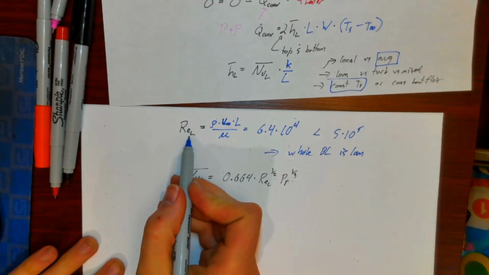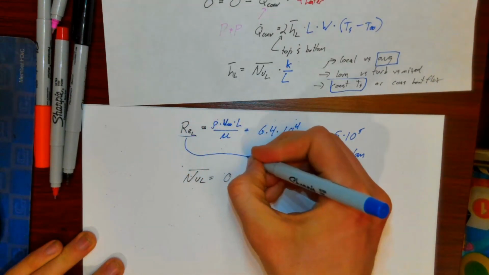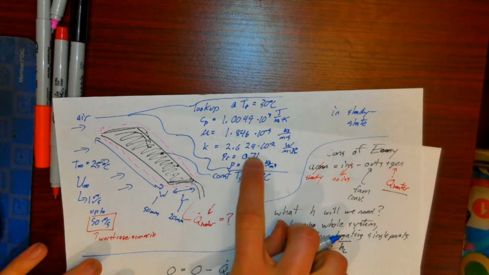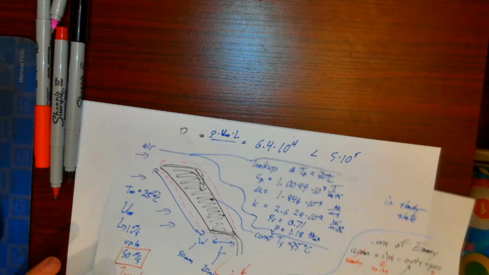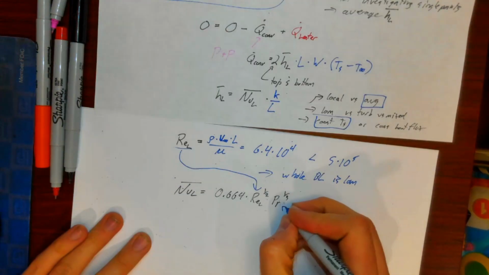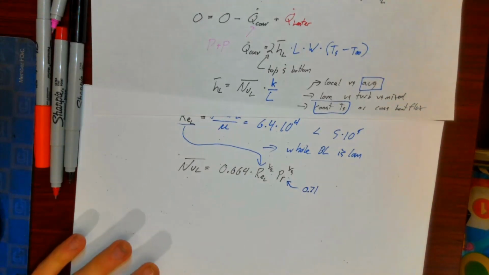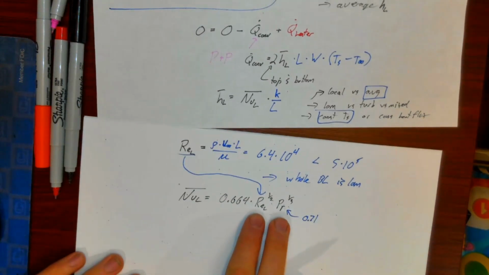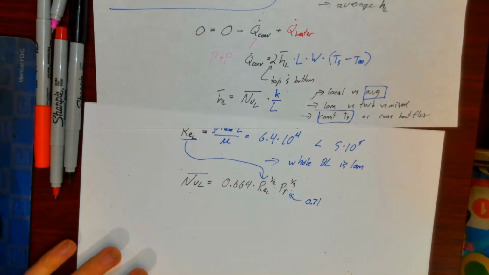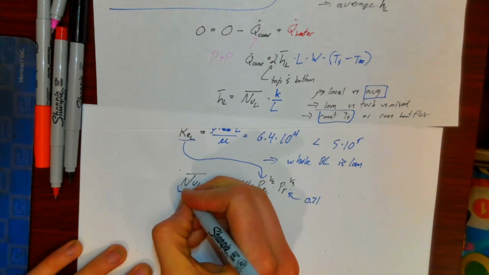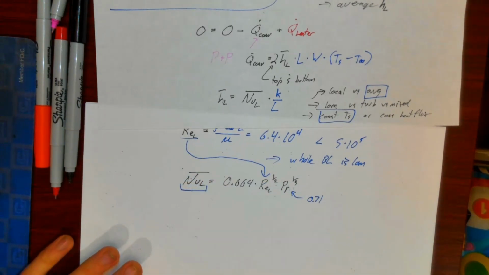Well, we just calculated our Reynolds number sub L, which we can plug in right here. We calculated our Prandtl number from the fluid properties earlier, so that's 0.71. This gives us all of the information we need to calculate Nu bar sub L, so we can now treat this as essentially a known constant.